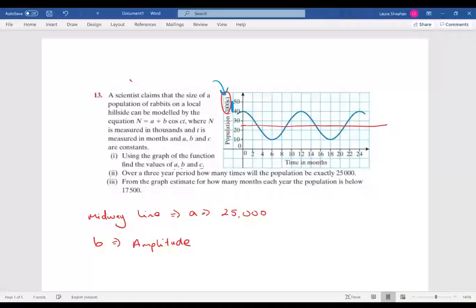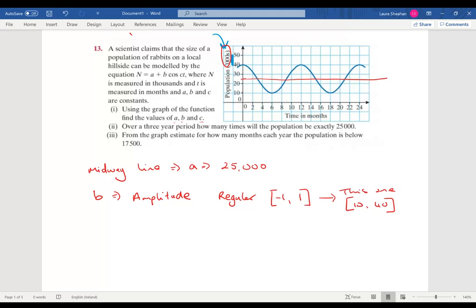Your regular cos graph goes from -1 to 1. This graph goes from 10 to 40. So if I'm looking at an amplitude here, from -1 to 1 is 2 units.